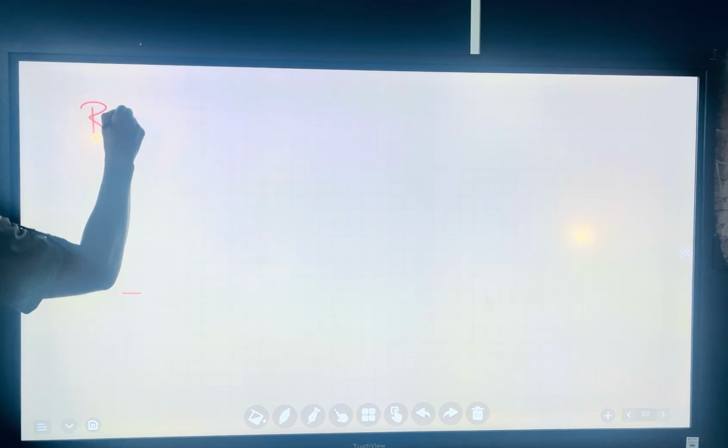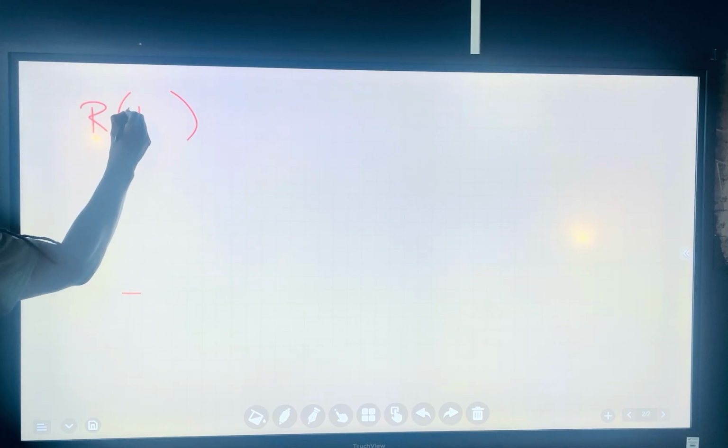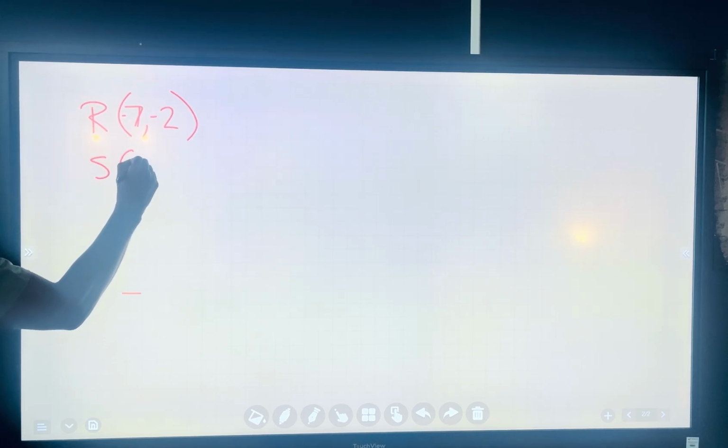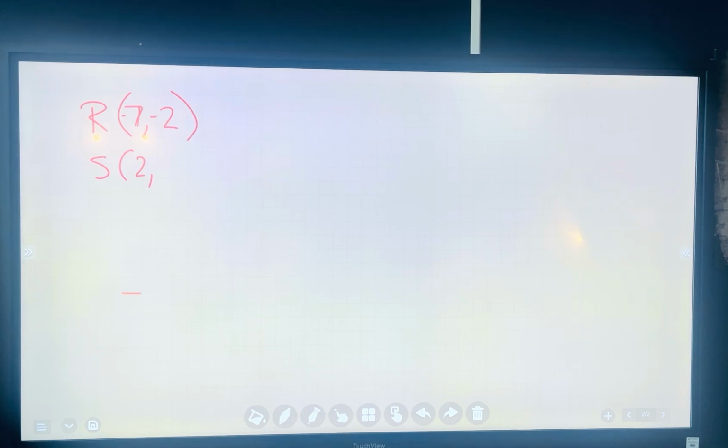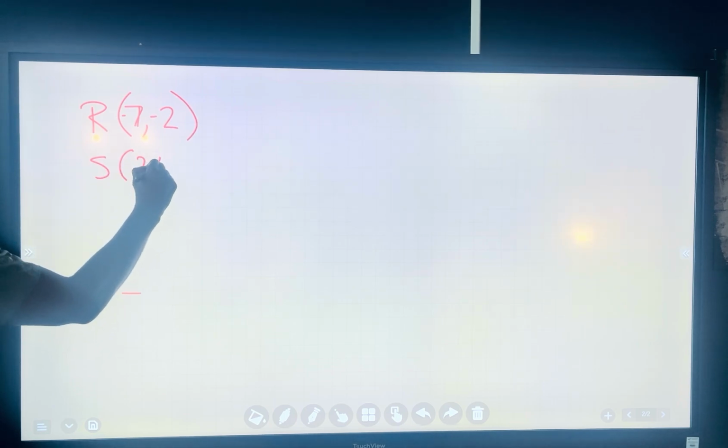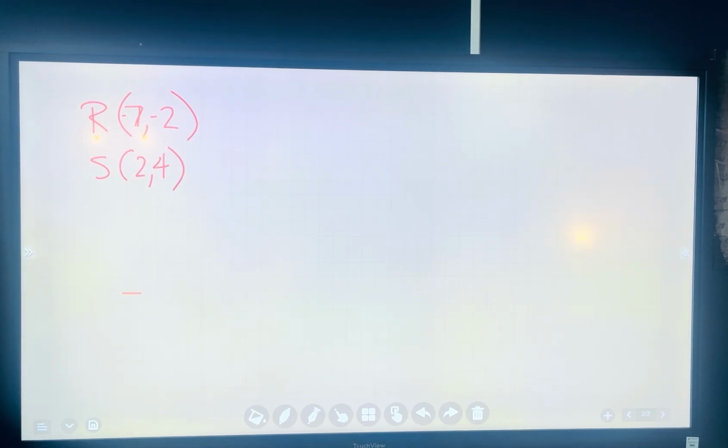Here they got R being -7 and -2, and they had S being 2 and 4. Remember, that's on the coordinate plane.